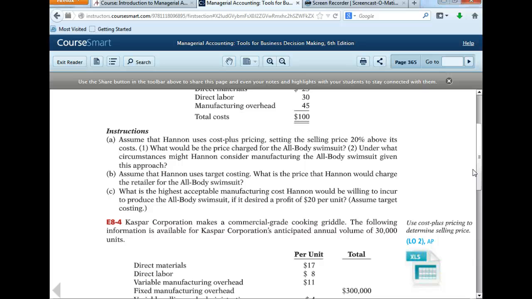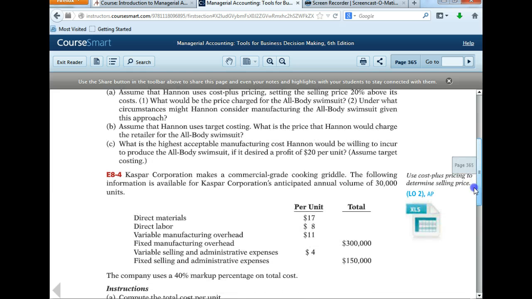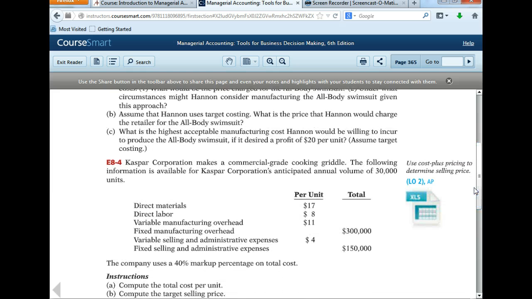The next one says, assume that Hannon uses target costing. What is the price Hannon would charge the retailer for the all-body swimsuit? So if it uses target costing, what would we be selling this to the retailers for? What's target costing? When the price gets fixed for us, right?